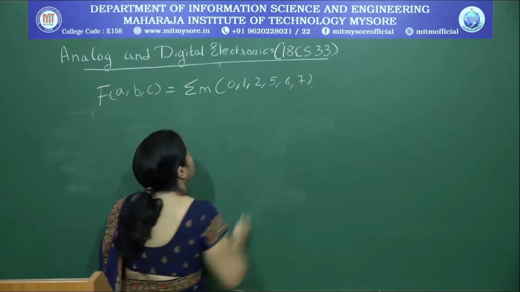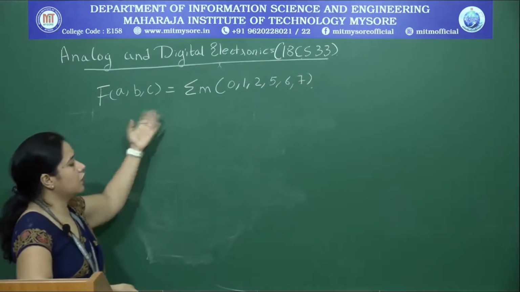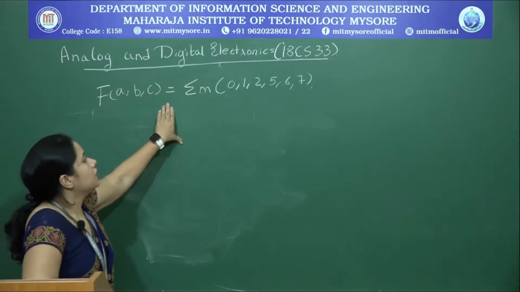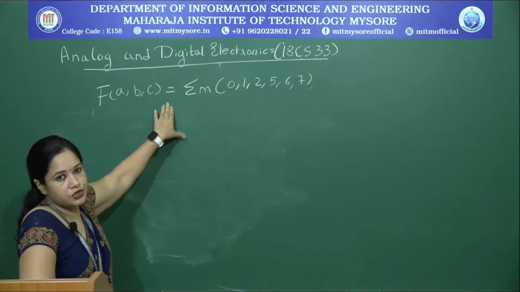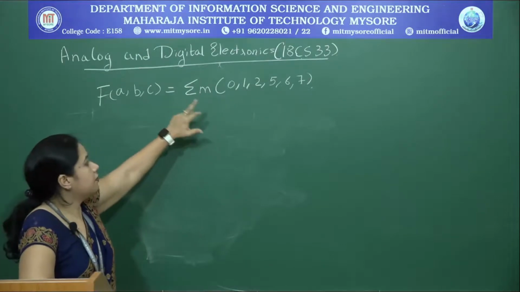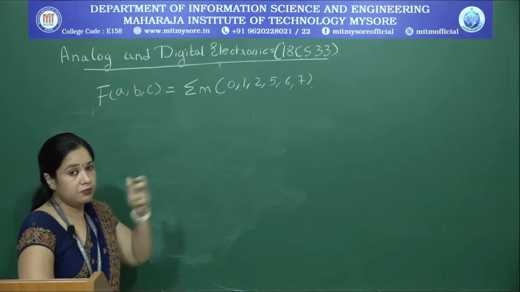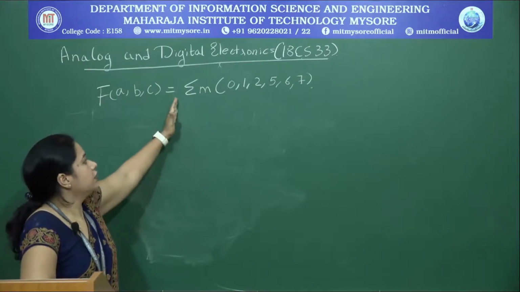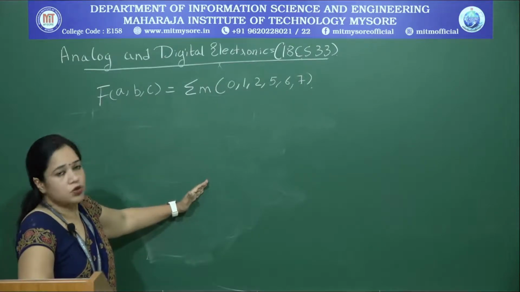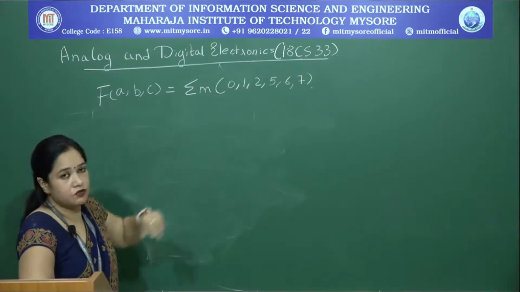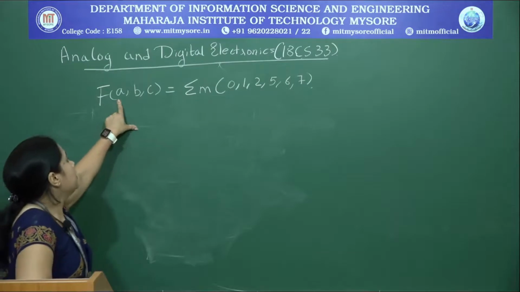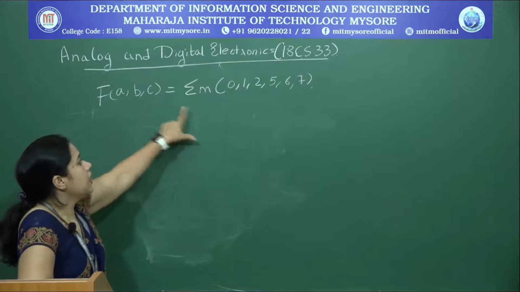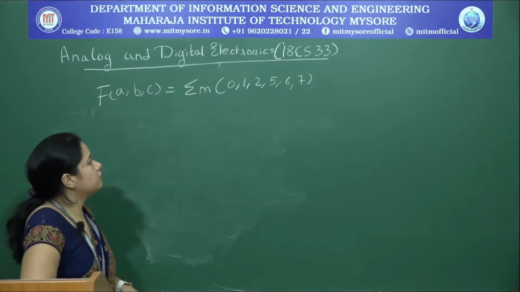I am not sure if you are aware of this representation. This representation is representing a given Boolean expression in min terms, that is, using minimum term representation. Please note, here we have three variables or three literals A, B, C, and the expression is written in terms of min terms.